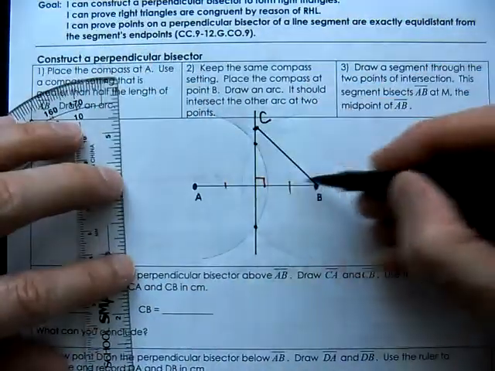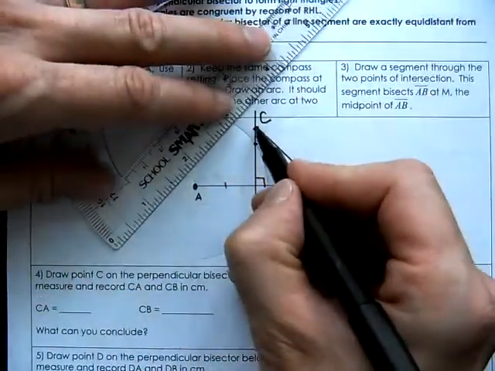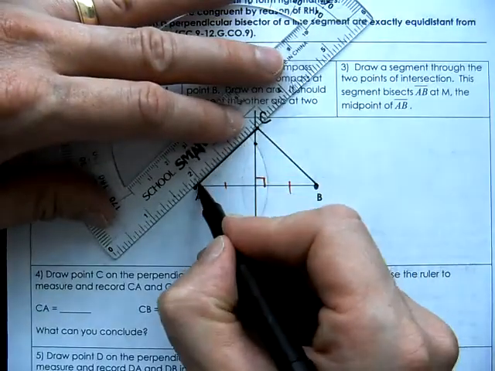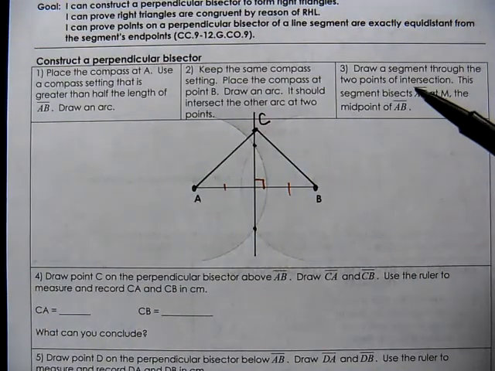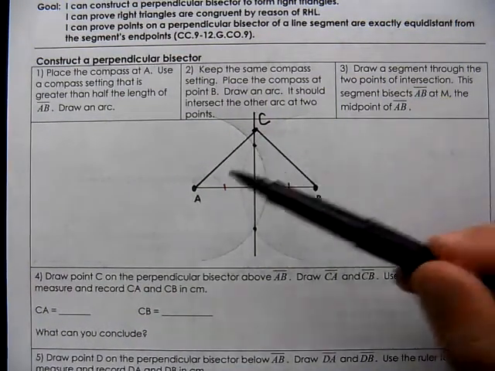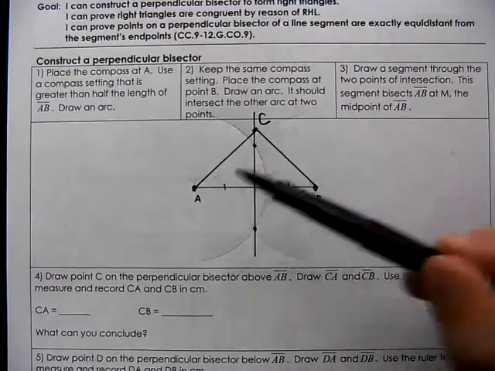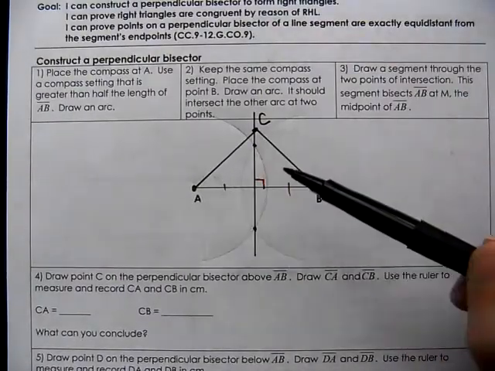So you have a triangle on the right and another on the left. The question is, are they congruent triangles? We're going to be doing more work with that in just a moment.